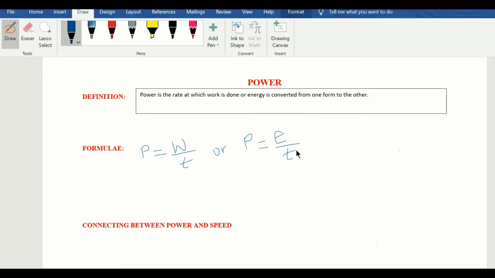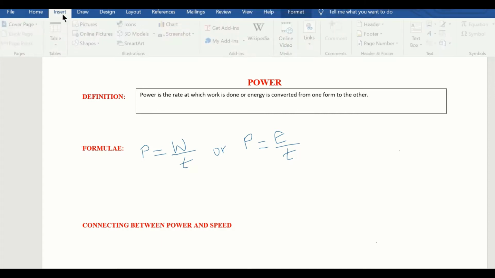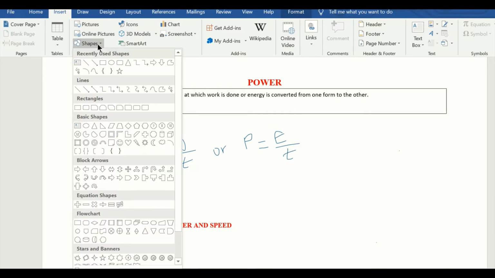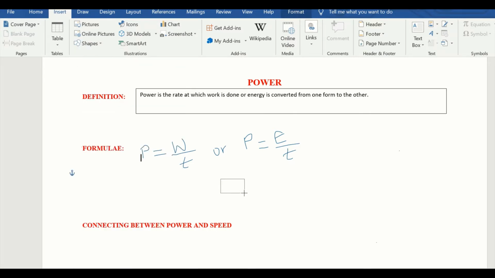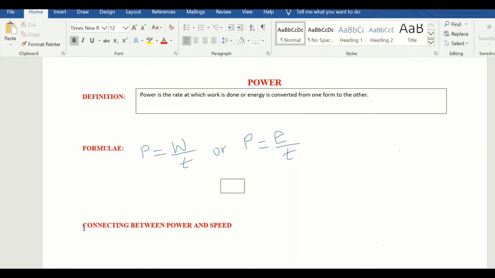So these are two formulas we can use to solve for power. Please note that what we are doing here is mechanical power. It is the rate at which work is done or energy is converted from one form to the other.